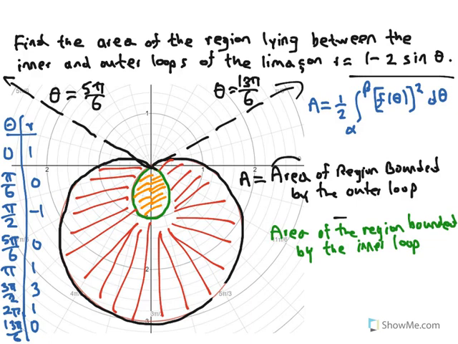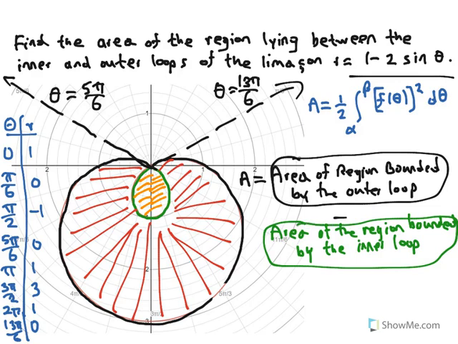When you write a definite integral for either of these two areas, the most important thing is to get the correct limits of integration. And for you to understand what the correct limits of integration are, you can understand the theta value at which the inner loop starts to be traced, and that is at theta is equal to pi over 6.